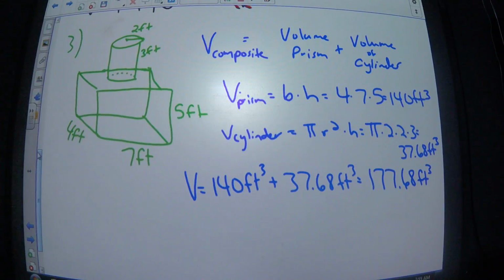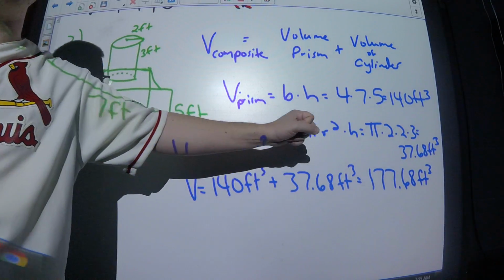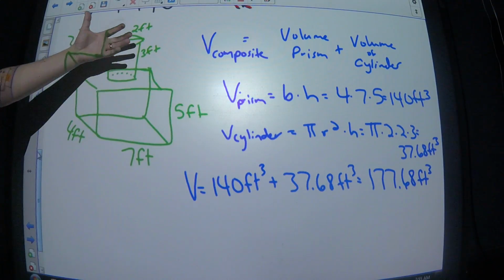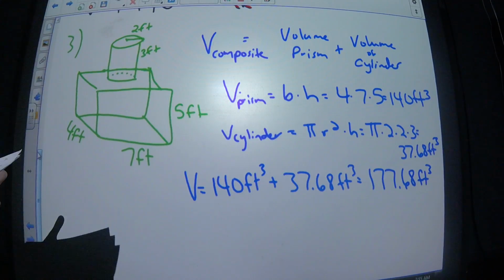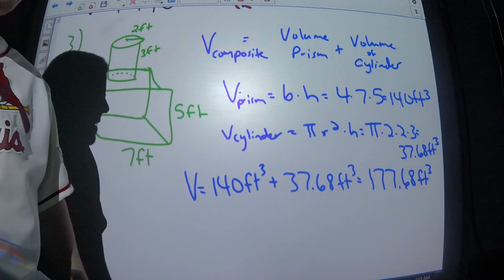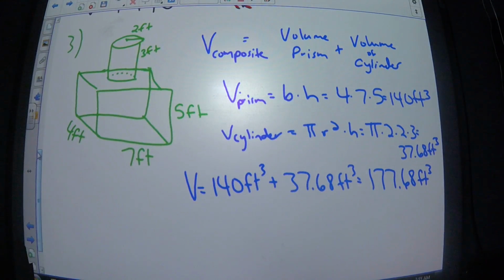The height was 3 feet. The volume is pi times radius squared times height. So 2 times 2 times 3 is 12 times pi, which is 37.68. Now that I have the volume of the prism and the volume of the cylinder, I add the two together, 140 plus 37.68, and I get 177.68 feet cubed.